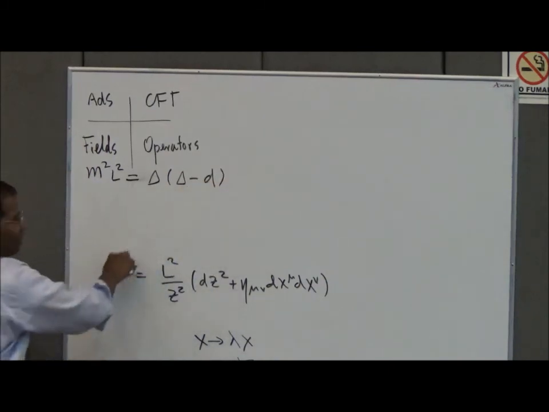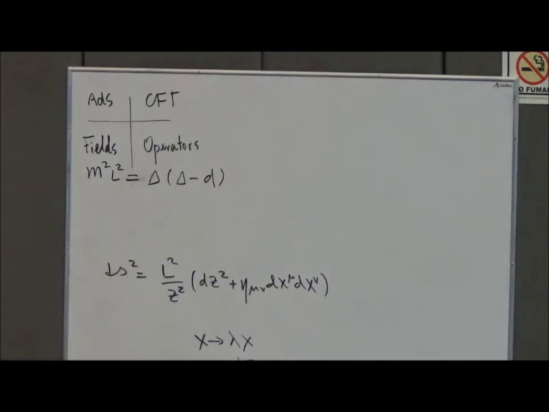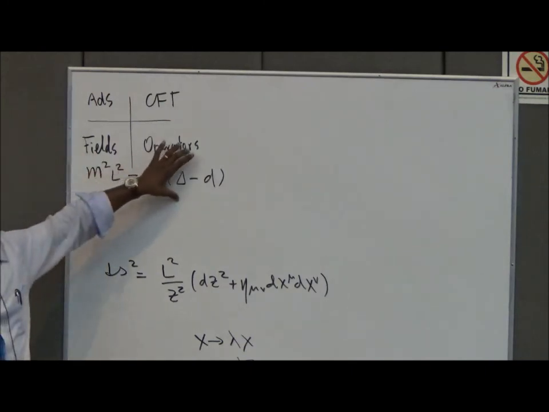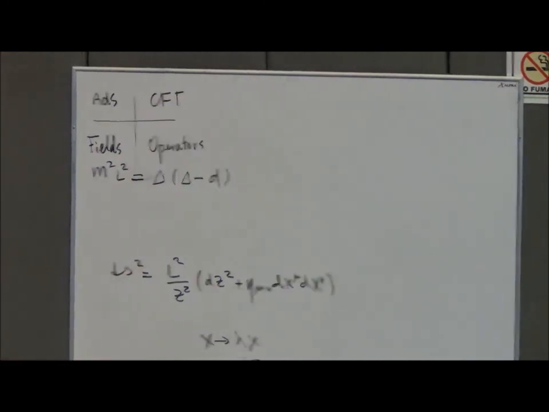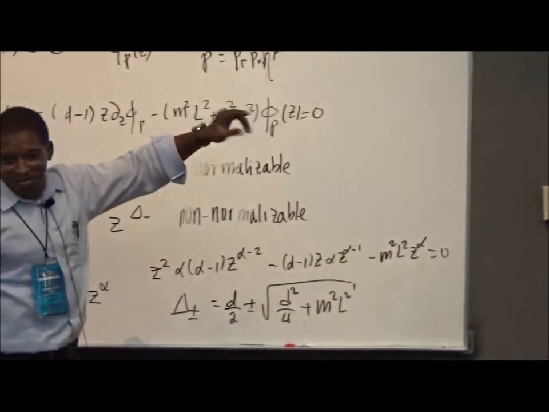This is a very concrete formula that relates the mass of a field in AdS to the dimension of the operator in the CFT. I guess you can rewrite this equation in that form.